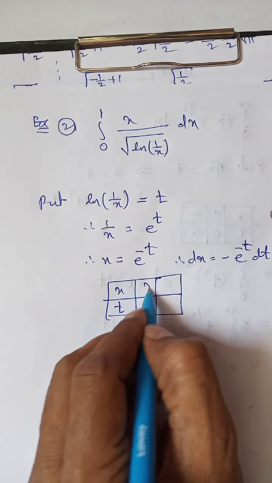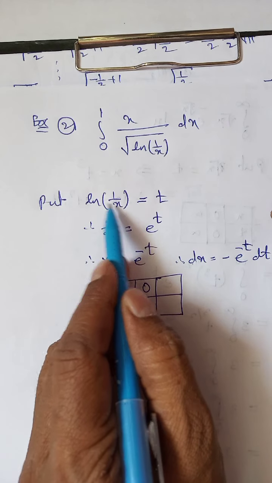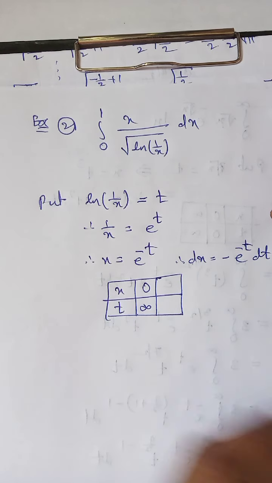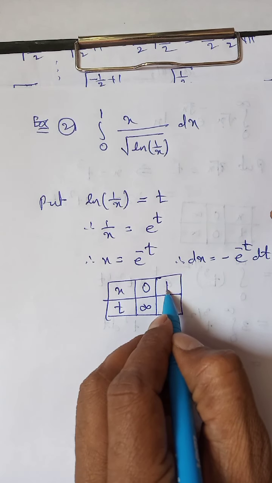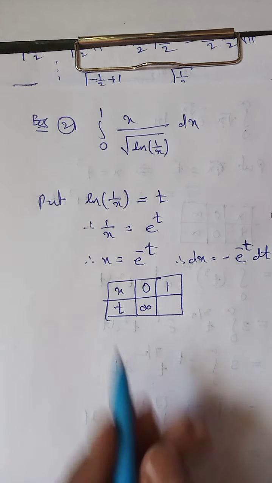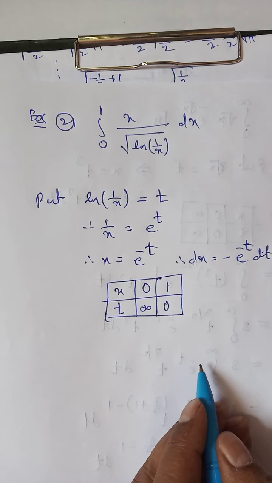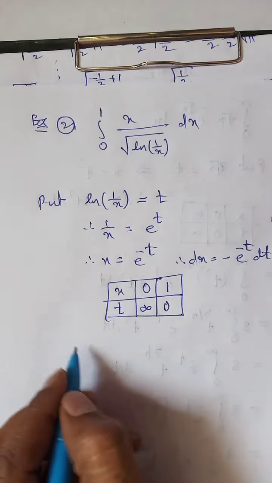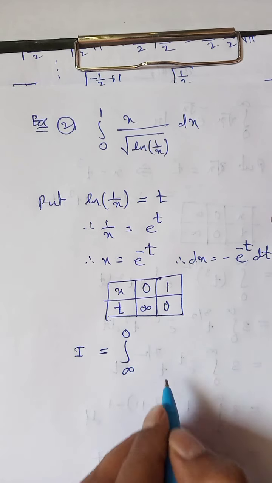When x is 0, 1 by 0 is infinity, and log infinity is defined to be infinity. When x is 1, log 1 is 0, so t is 0.